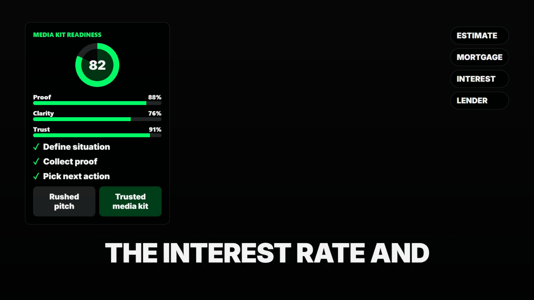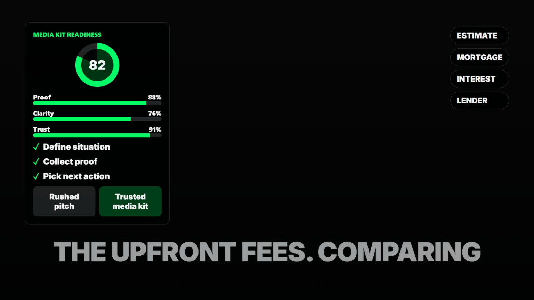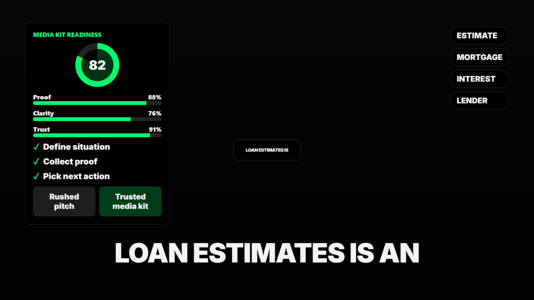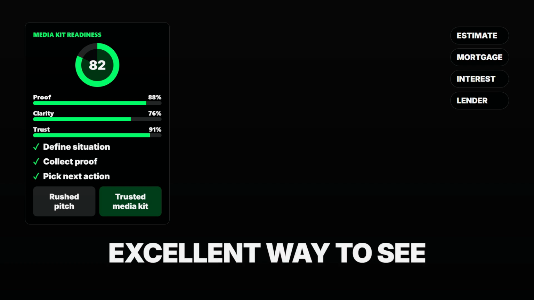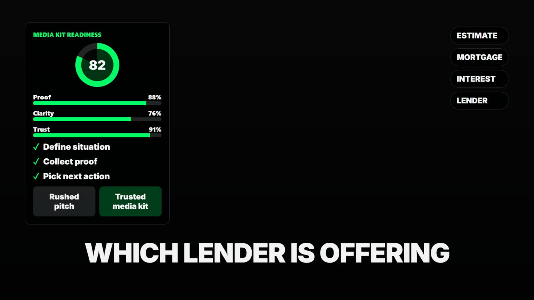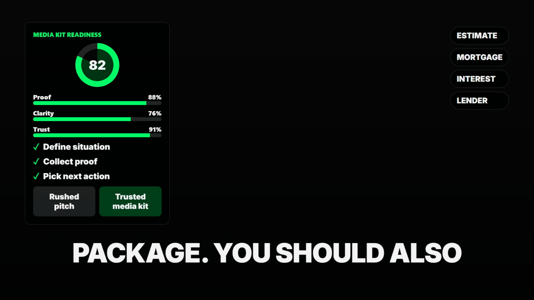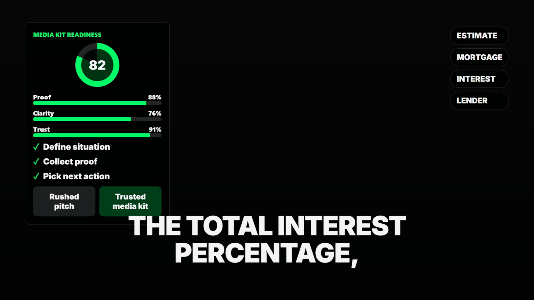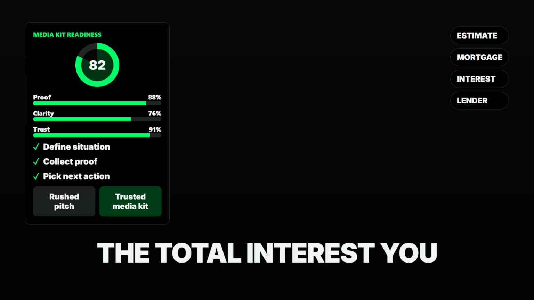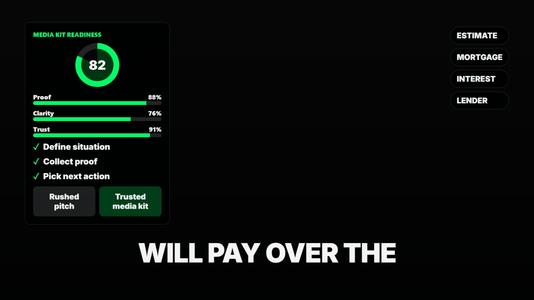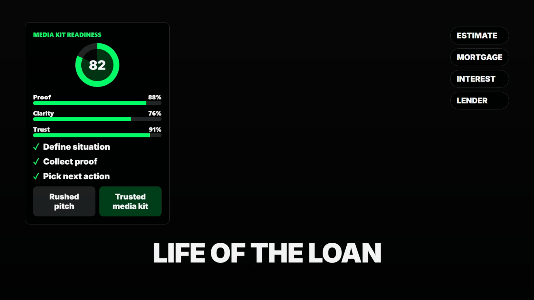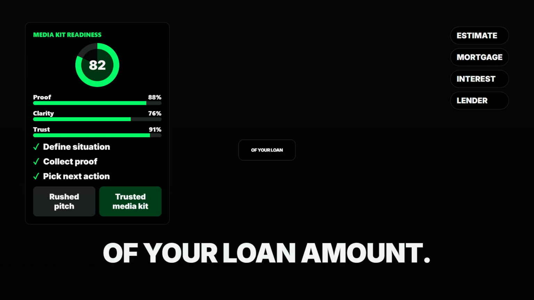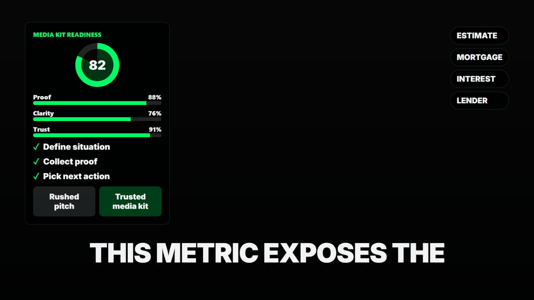Comparing the APR across multiple loan estimates is an excellent way to see which lender is offering the most cost-effective loan package. You should also pay close attention to the total interest percentage, or TIP, which shows the total interest you will pay over the life of the loan expressed as a percentage of your loan amount. This metric exposes the true weight of interest payments over a 30-year term, helping you understand the long-term debt cost.